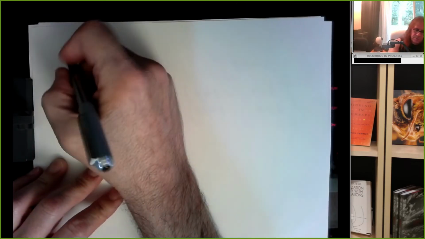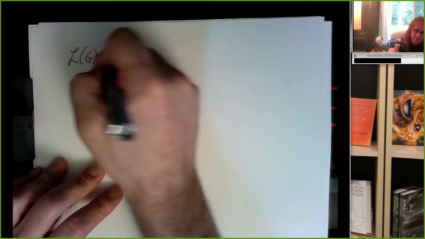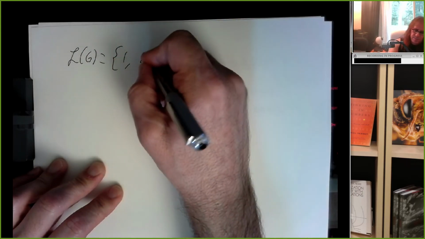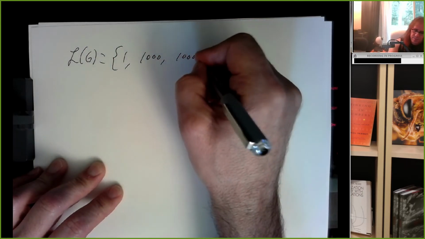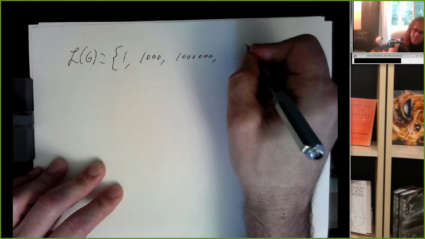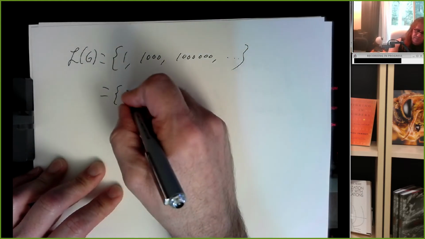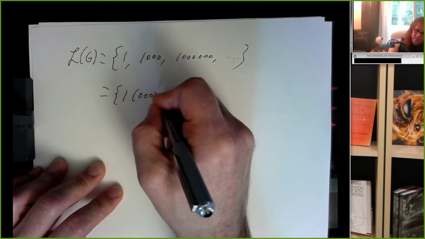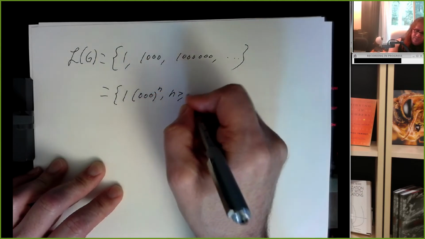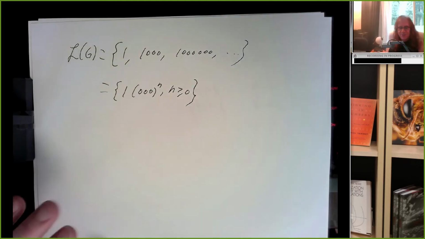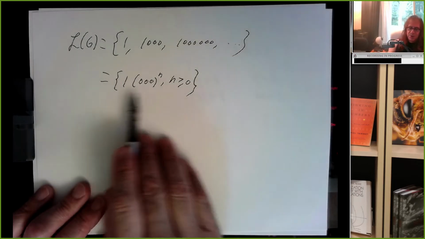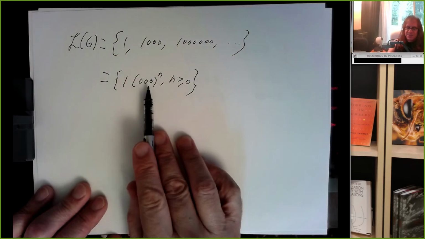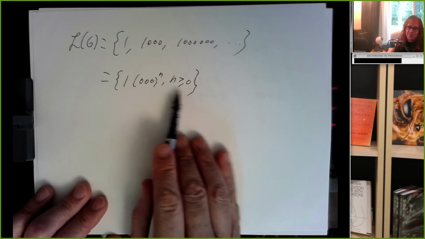So let's do one more of these. I'm going to write the succinct form of this as a 1 followed by n copies of 000, where n is bigger than or equal to 0.